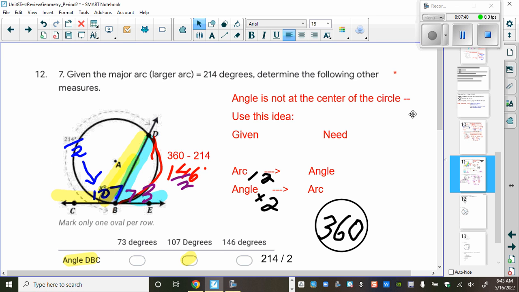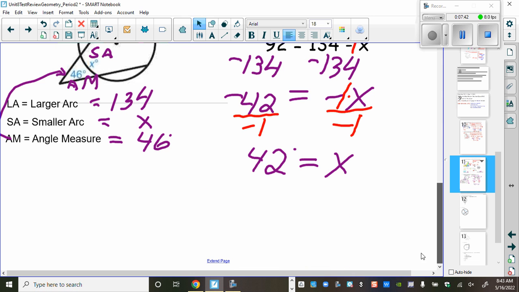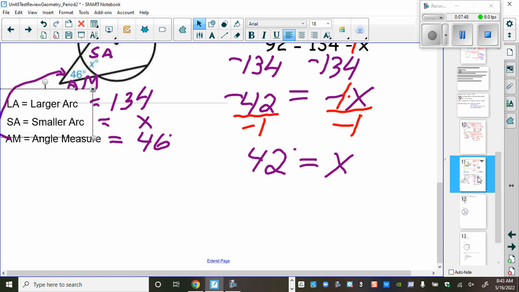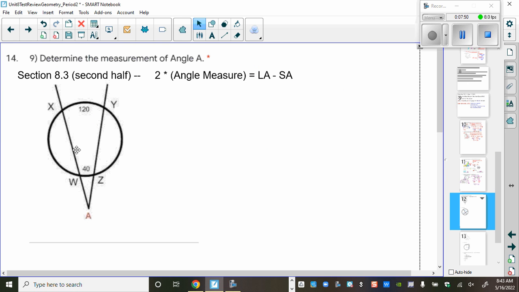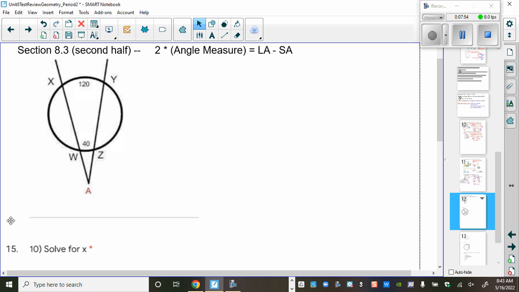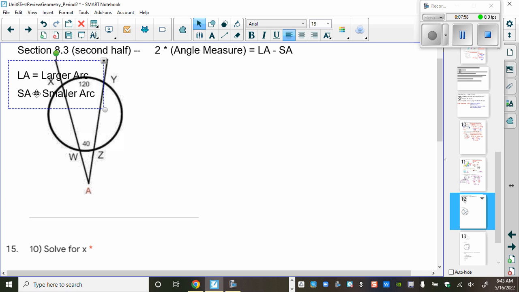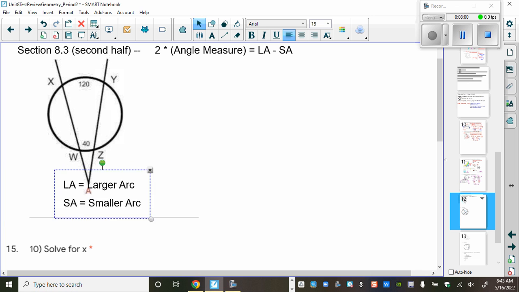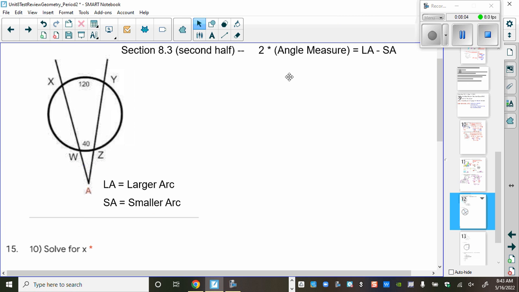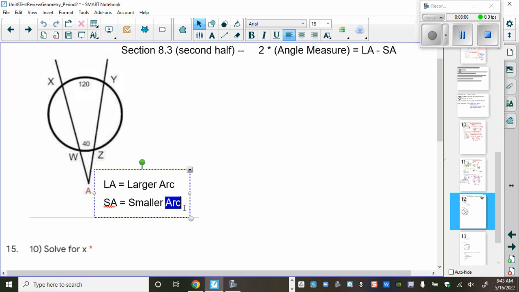And same thing. You have a larger arc, smaller arc. And then I forgot AM for angle measure.